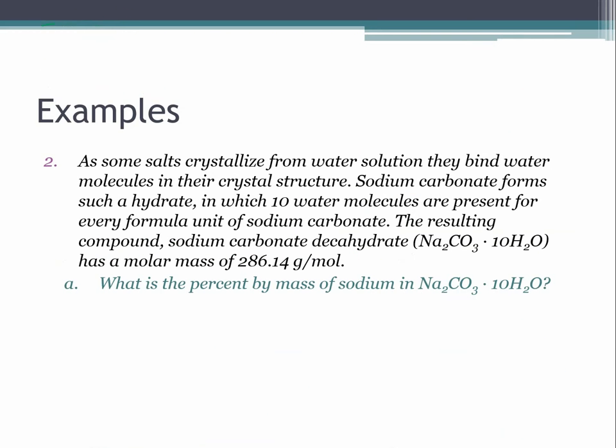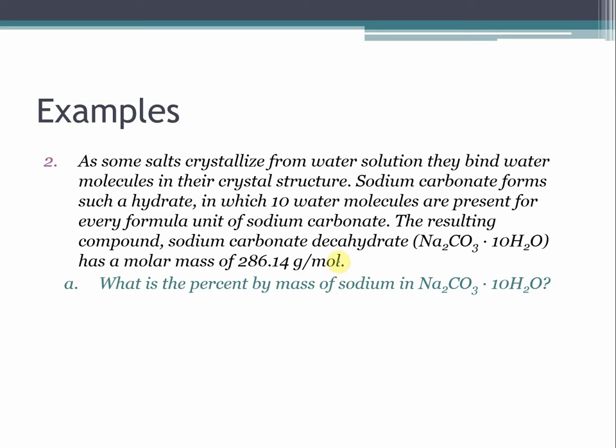Number 2 says, as some salts crystallize from water solution, they bind water molecules in their crystal structure. Sodium carbonate forms such a hydrate in which 10 water molecules are present for every formula unit of sodium carbonate. The resulting compound, sodium carbonate decahydrate, and then you're given the formula, has a molar mass of 286.14 grams per mole.